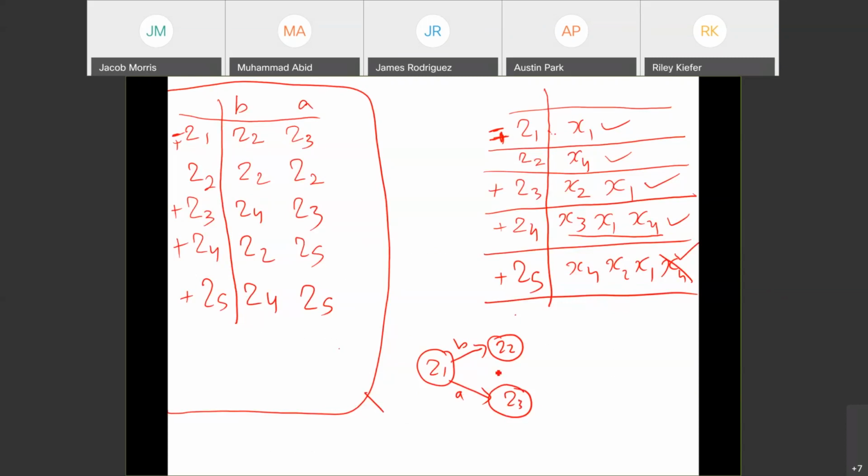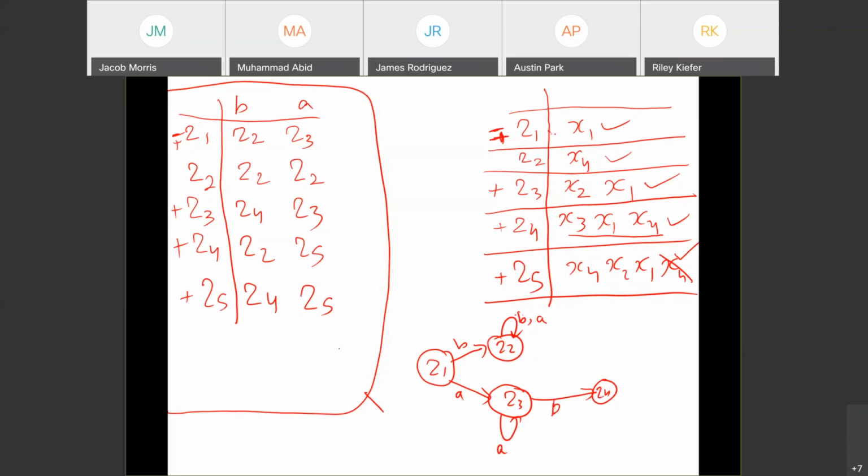Z2, B will take you to Z2, which means self loop. A will take you to the same, so self loop. Z3, B will take you to Z4. A will take you to Z3, self loop.